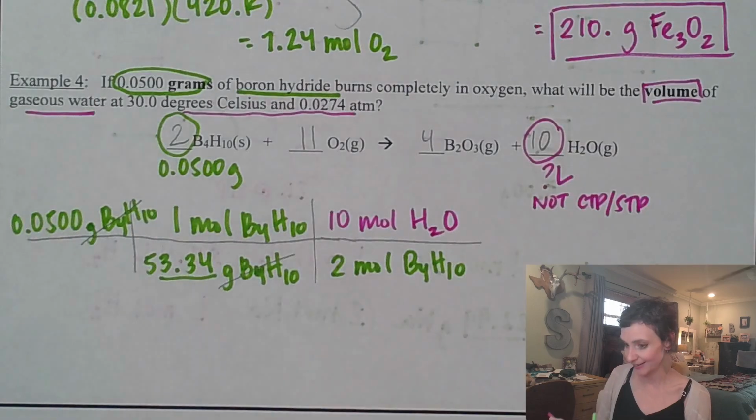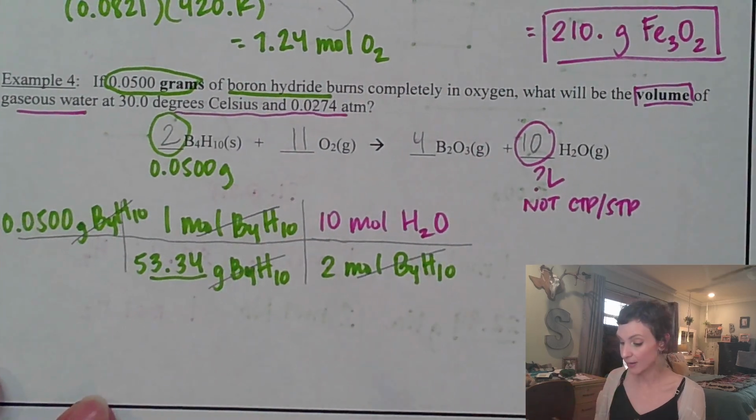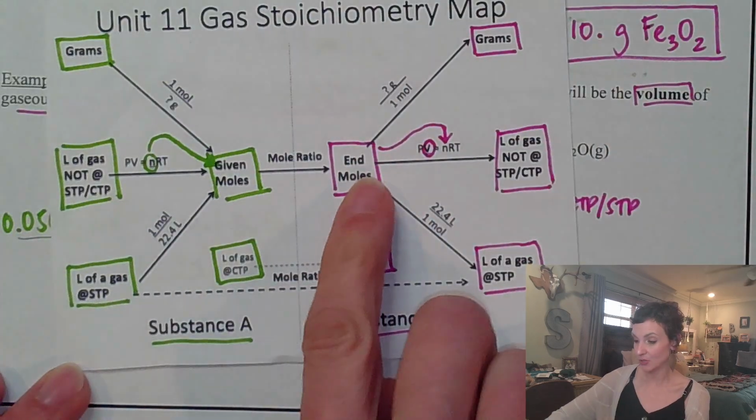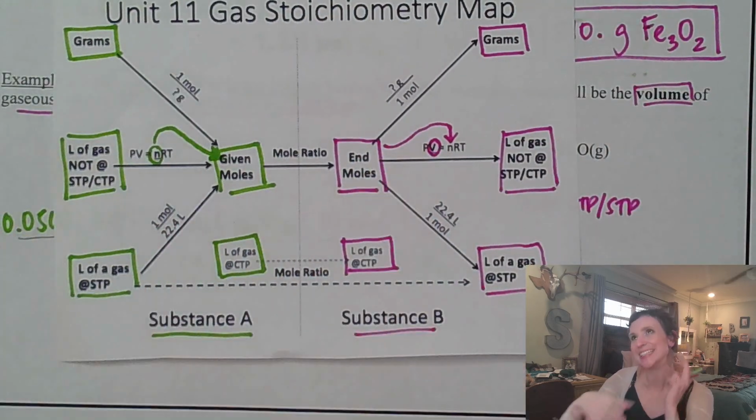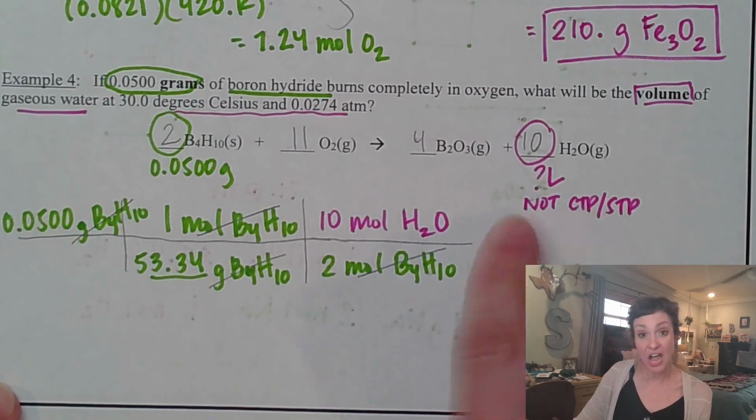I'm on high alert now, trying not to make any mistakes, hopefully. I did it that way because I want to cancel like units on top and on bottom. So I have made it to end moles. Do not get excited and take stoichiometry to places that you are not being asked to go. I'm not taking it to liters, red flag.